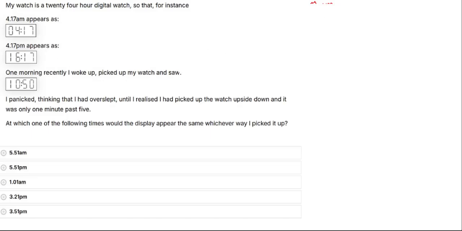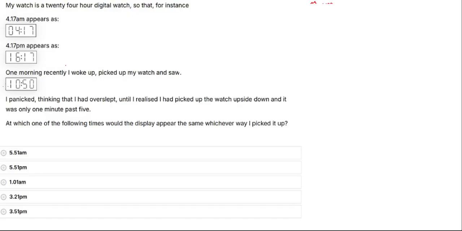Now the next thing it says: one morning recently I woke up, picked up my watch and saw 10:50. I panicked, thinking that I had overslept until I realized I had picked up the watch upside down and it was only 1 minute past 5.